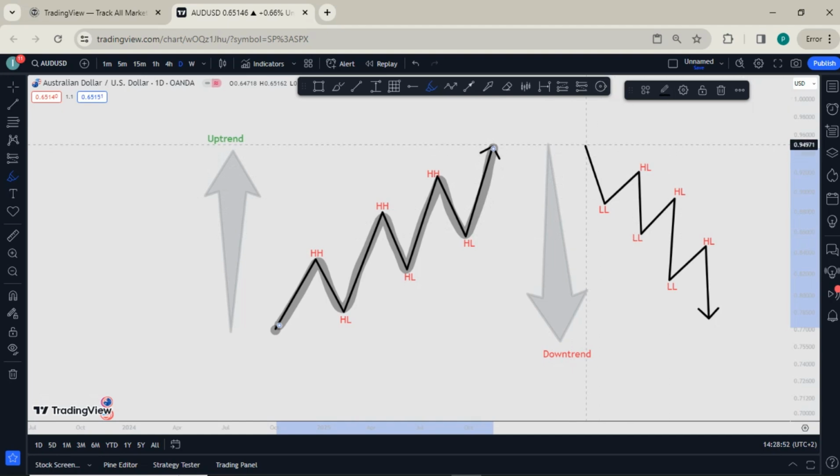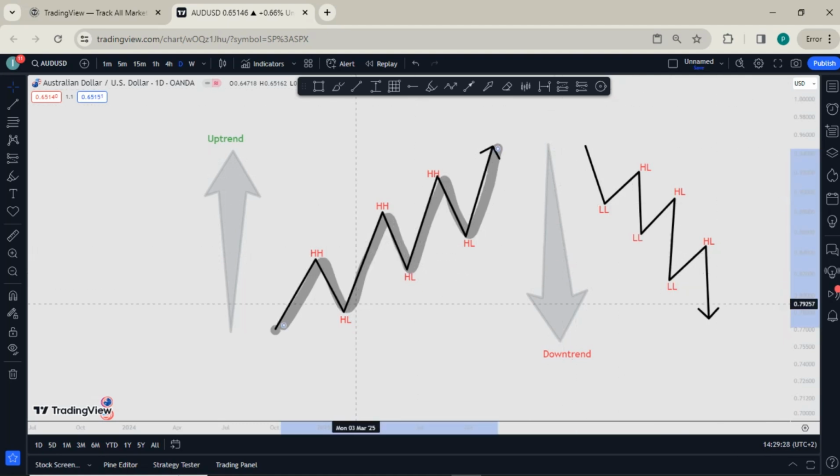And on a downtrend, it's going to look like our lower low, our lower high, our lower low, our lower high, our lower low here, and our lower high, and so on and so on, right? So what is important now is that once you get to identify your higher highs and your higher lows on an uptrend, and also on a downtrend, that's king, guys. That's the first step of trading the smart money concept, being able to identify your highs and lows, right?